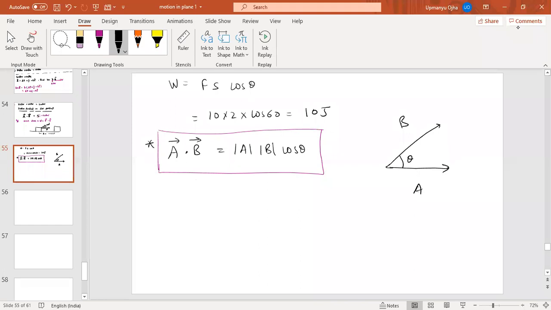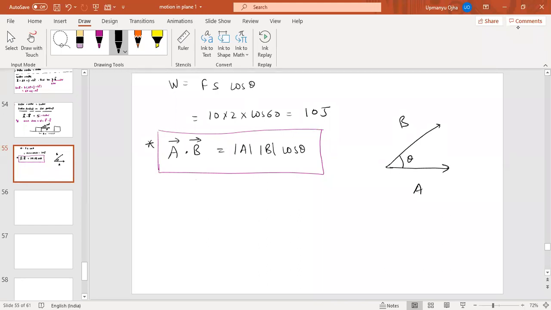For now, you understand that dot product is A dot B, which is equal to mod of A mod of B cos theta. Yes, this will satisfy more results also. For now, I am just giving one example. There are many examples of that.